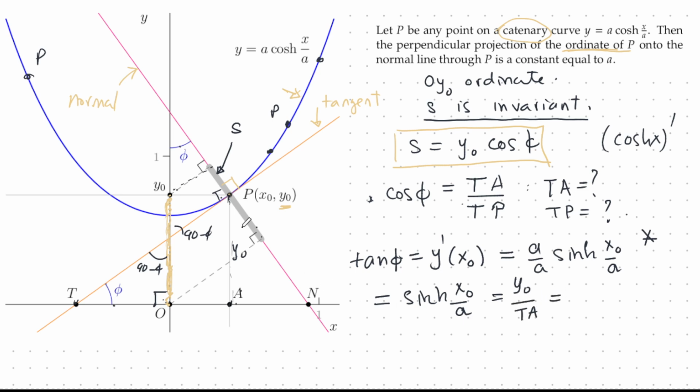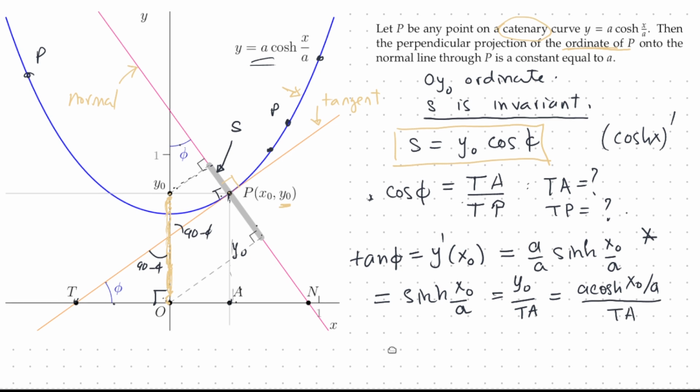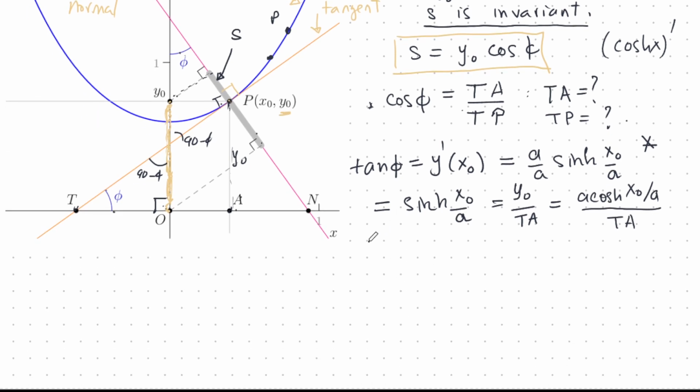But y0 can be computed in terms of x0 because we know this formula for the catenary. So this is a cosh of x0 over a, divided by TA. And so we have an expression for TA.